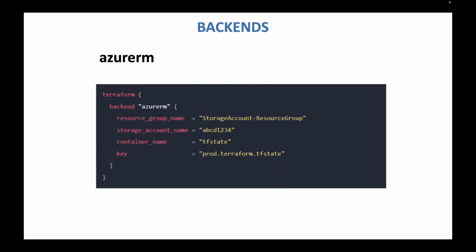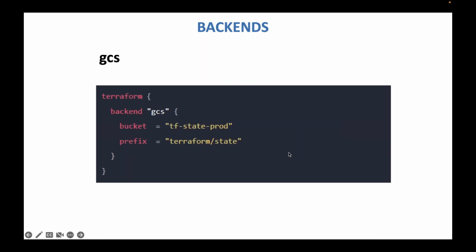If you are using Azure, we have to use this. What it means is the state file will be stored in this particular storage account, and this is the folder name and this is the state file name. If you are going to use GCS, Google Cloud Storage, this is the bucket name and this is the folder name.